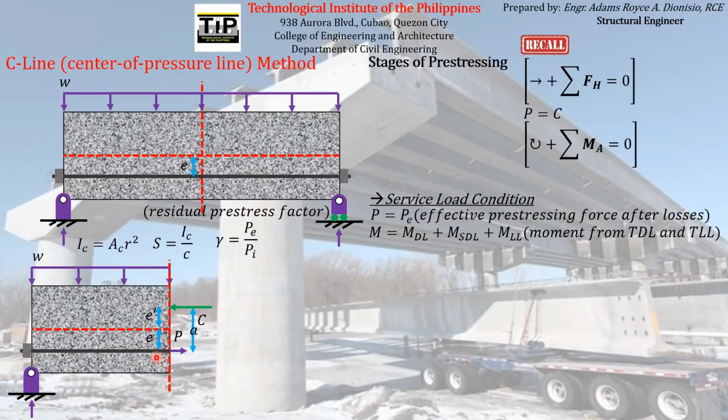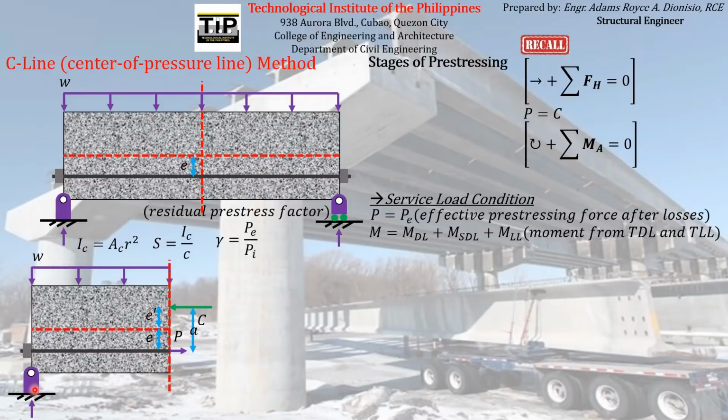If we sum up the moments produced by this uniformly distributed load W and the upward reaction here, with respect to this cross section, their resultant moment is a moment M which has a clockwise direction.